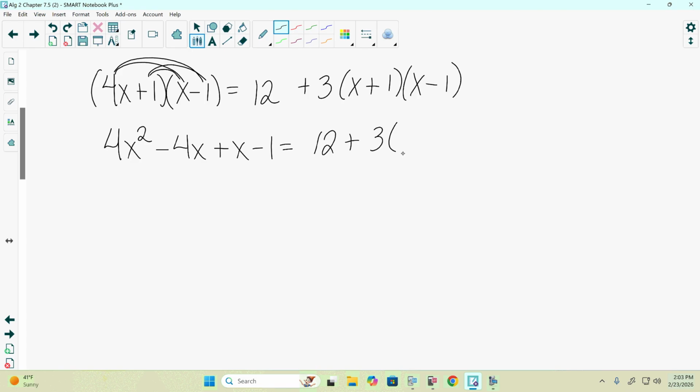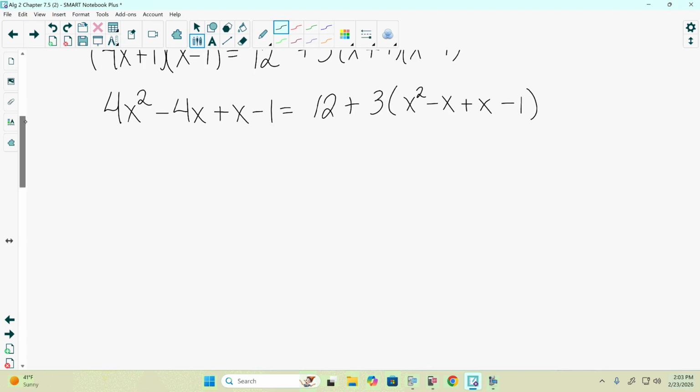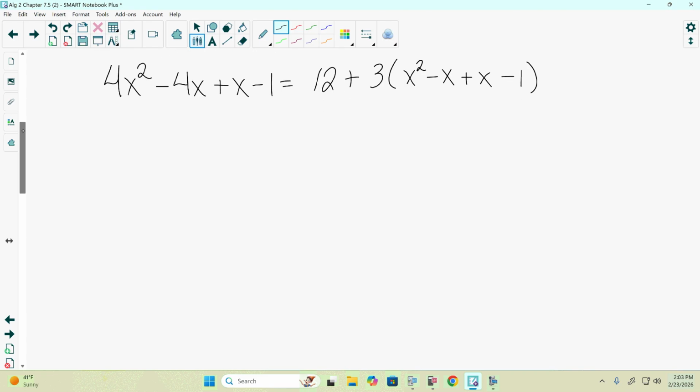So let's see what this does. X times x is x squared. X times negative 1 would be negative x. 1 times x is going to be plus x. And 1 times negative 1 is negative 1. Now the next thing we can do is start combining like terms.